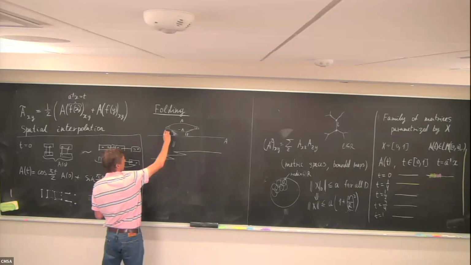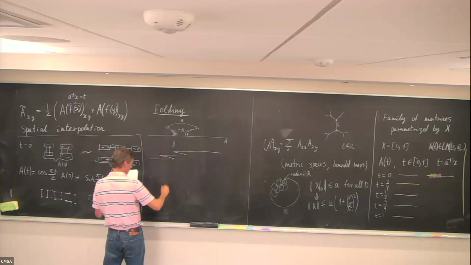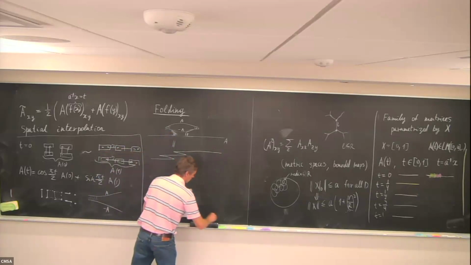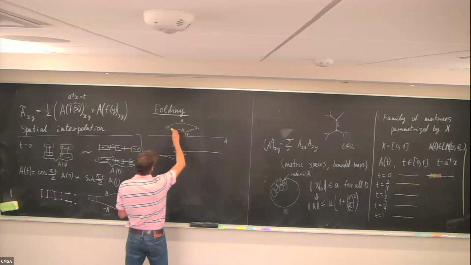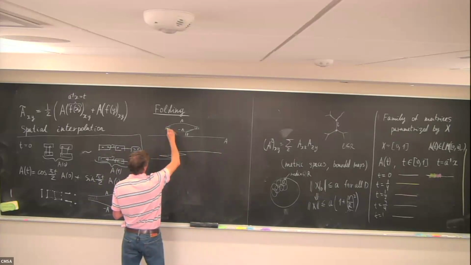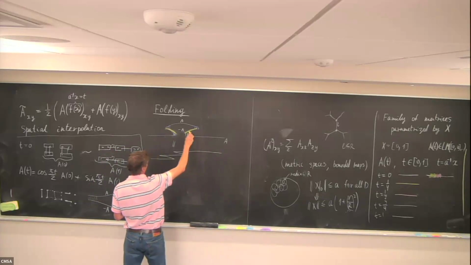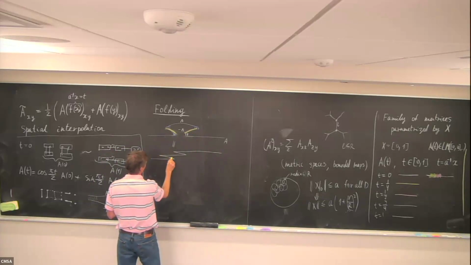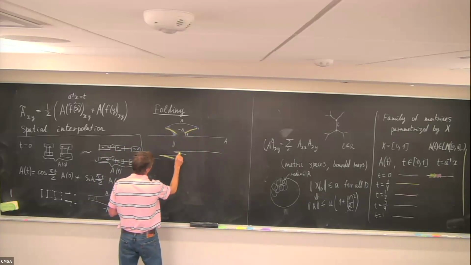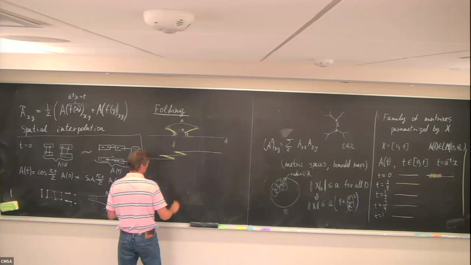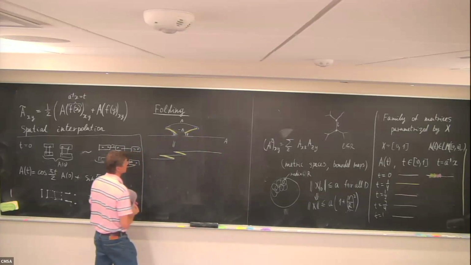Because if we project onto this line, let me make it slightly better by highlighting minus A with yellow, and then the yellow lines are this. It's a double fold.